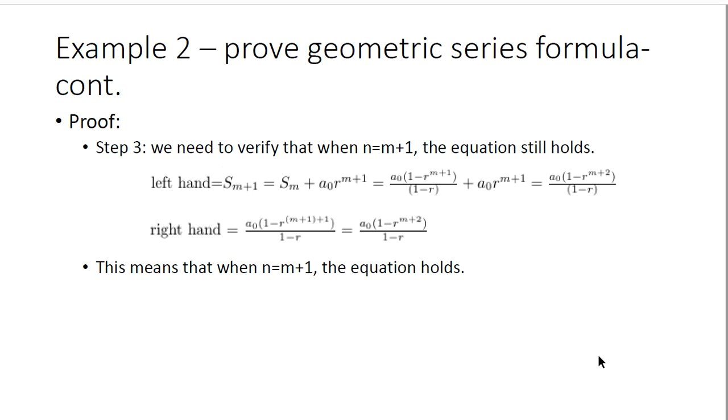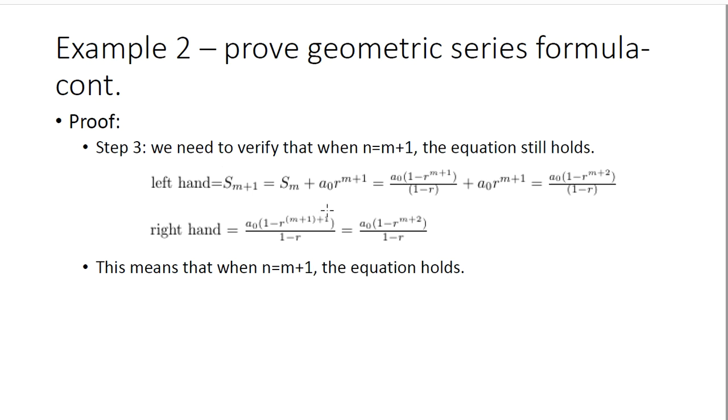So the left hand side, s sub m plus 1, can be represented by s sub m plus the m plus 1 element, which is a sub 0 multiplied by r to the power of m plus 1. Then we take advantage of the step 2 assumption.